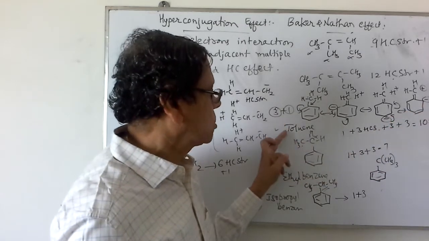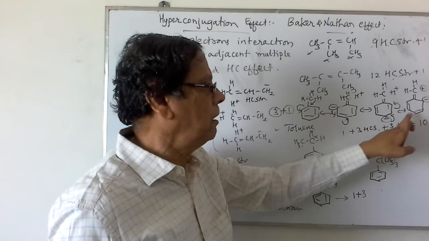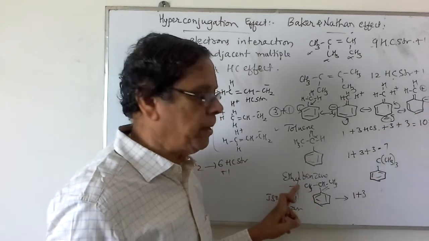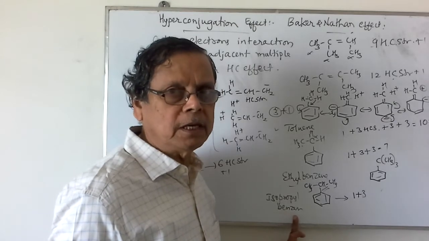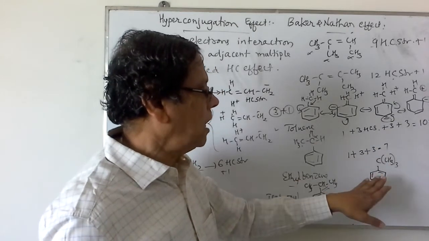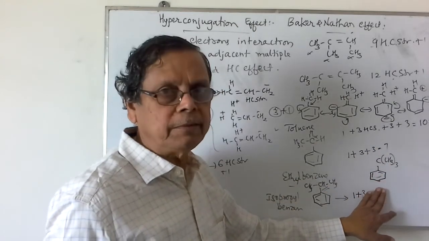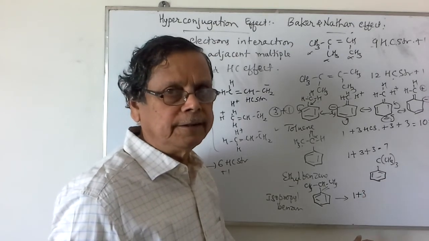That's why this toluene becomes more reactive in the ortho and para position as compared to ethyl benzene, which in turn is more reactive as compared to isopropyl benzene. And among all these alkyl benzenes, tertiary butyl benzene is least reactive.